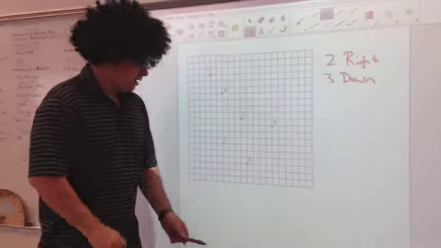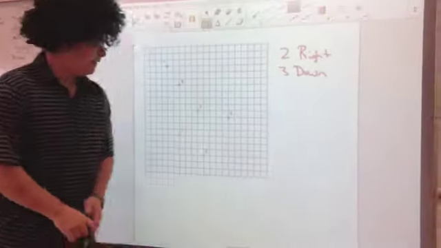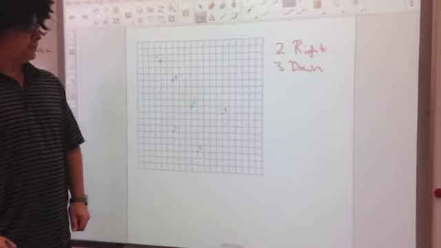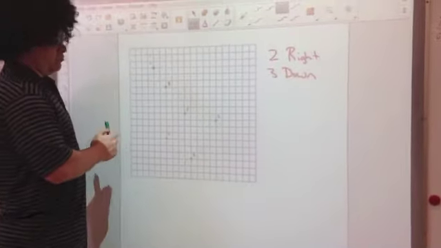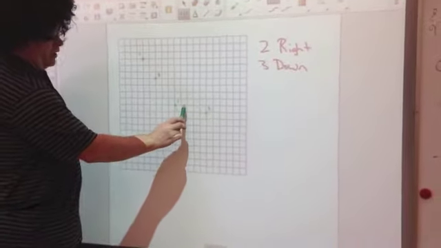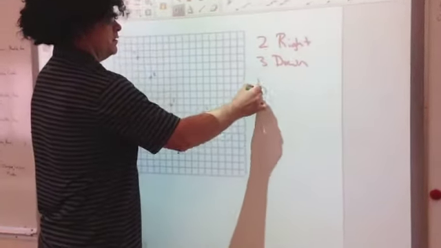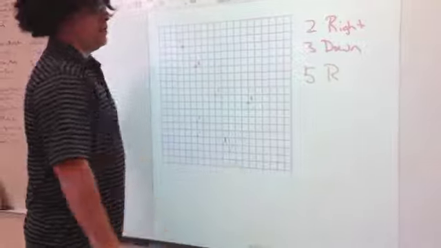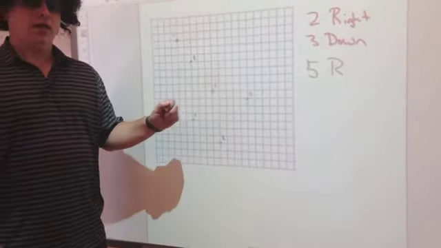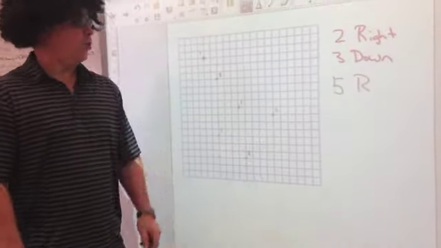Let's take a look at the green dot. Number 1 starts here. How far to the right or left did we go? We went 1, 2, 3, 4, 5 to the right. I'm just going to put an R now. And we went 1 unit down.